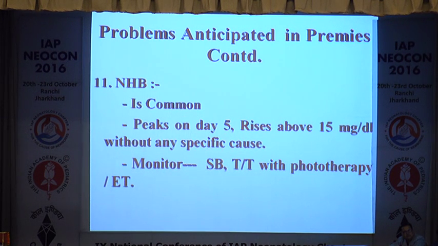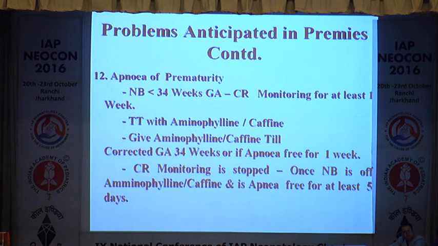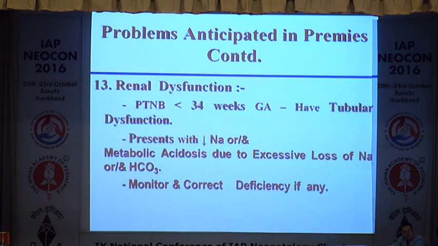Neonatal hyperbilirubinemia is common. We should treat early, with the usual guideline for starting phototherapy and doing exchange transfusion. Apnea of prematurity, a lot has been talked about. Caffeine citrate should be looked for and it should be treated. Then renal function is poor in preterms, particularly less than 34 weeks, and we should look for electrolytes and metabolic acidosis.